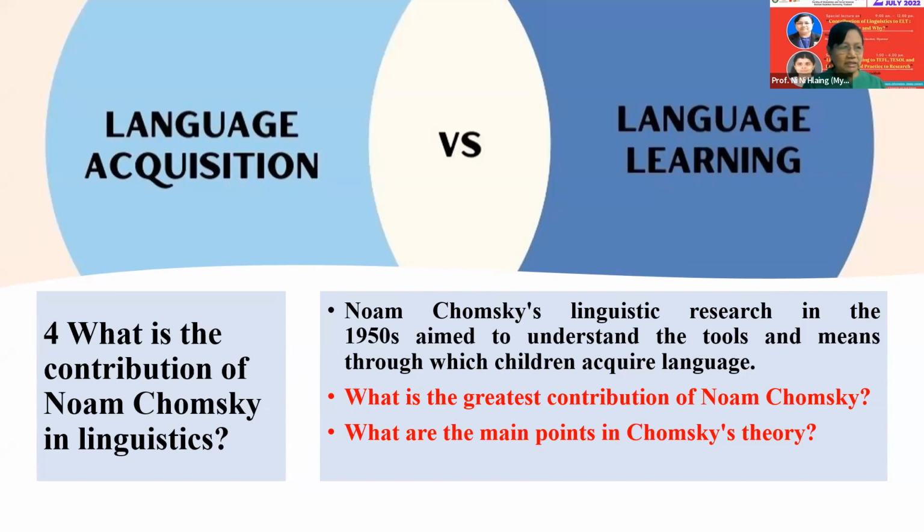He proposed a system of principles and parameters that suggested a child's innate understanding of syntax and semantics. So there are two sub-questions for you. What is the greatest contribution of Noam Chomsky? What are the main points in Chomsky's theory?